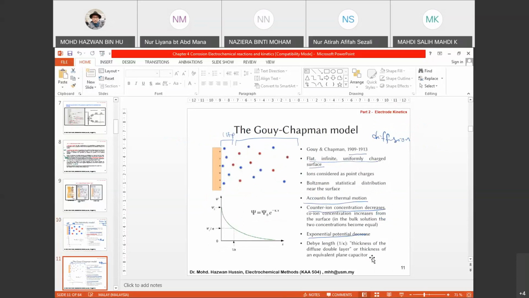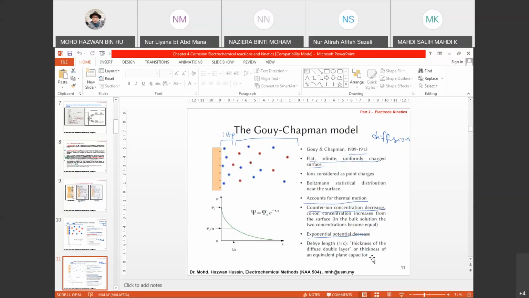The next advancement is Gouy-Chapman, because Gouy-Chapman accounts for diffusion. Gouy-Chapman believed that if migration didn't happen, then the ions are diffused to the electrode surface. So this creates a flat and infinite surface.